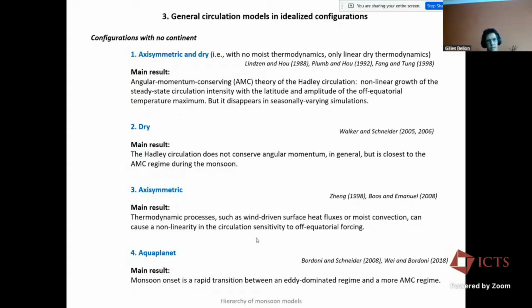So this debate of the Hadley circulation, eddy-driven or eddy-dominated versus angular momentum conserving, we have this debate too in terms of the monsoon, so the asymmetric Hadley circulation.